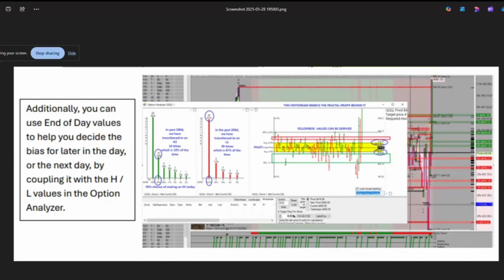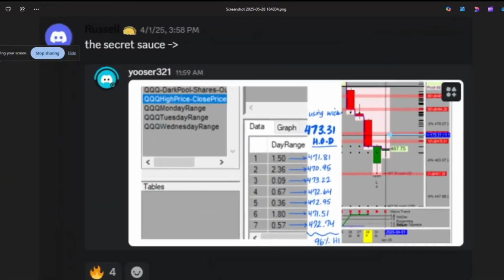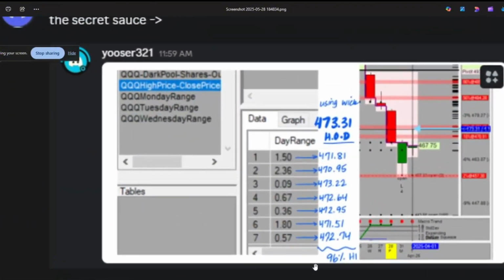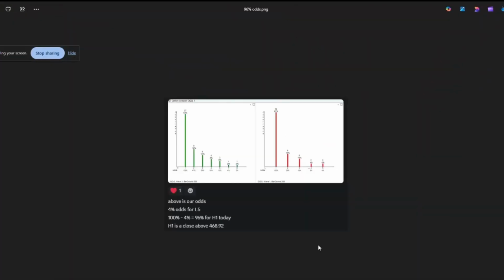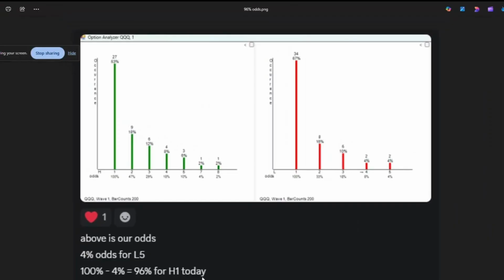there was a big question when we posted this picture. I think it was George was asking, where did we get this 96%? Well, the 96% was that particular day, and this again was April 1st that we were talking about. There was a 96% chance of an H1, and I was able to find the message where we were talking about it.